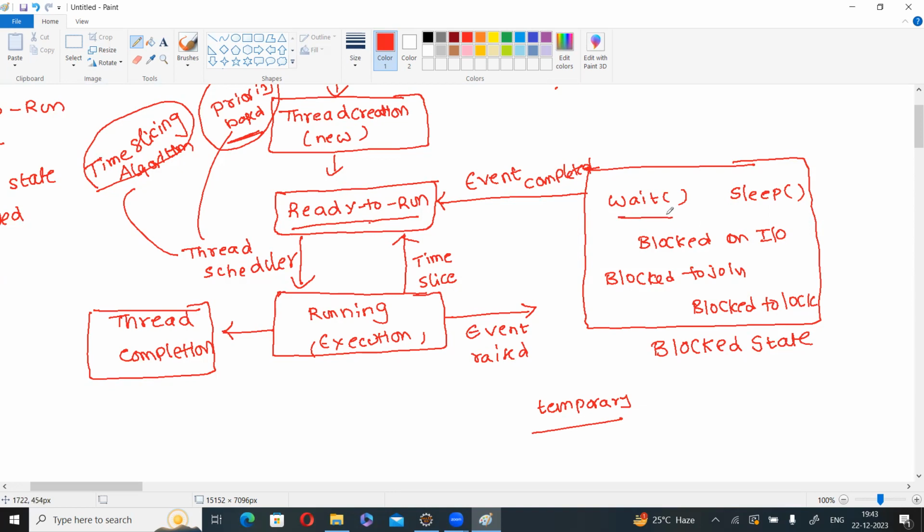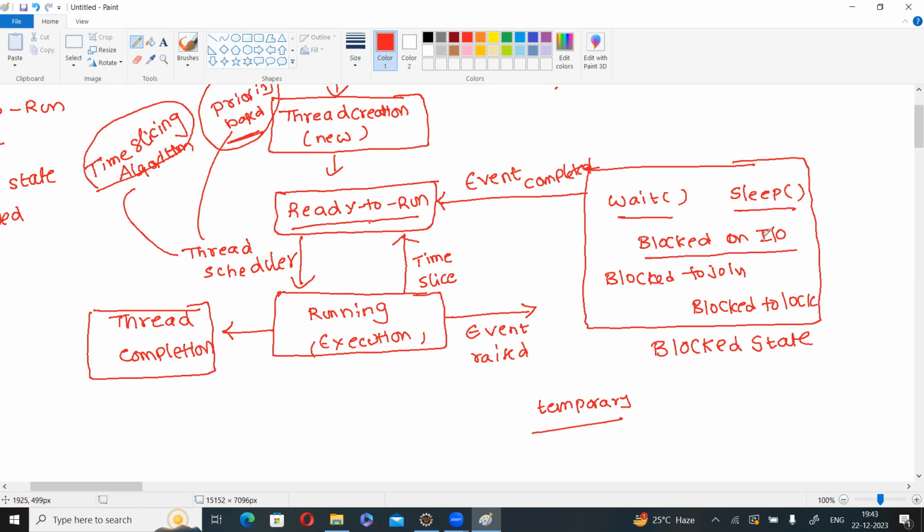Wait will stop the execution of a thread until it receives a message from notify. Once it receives the notify message, that means the event is completed, and the thread enters into ready state. Sleep method. What does the sleep method do? Simply stops the execution of a thread based on some timer. Once the timer is completed, again the thread moves to ready state.